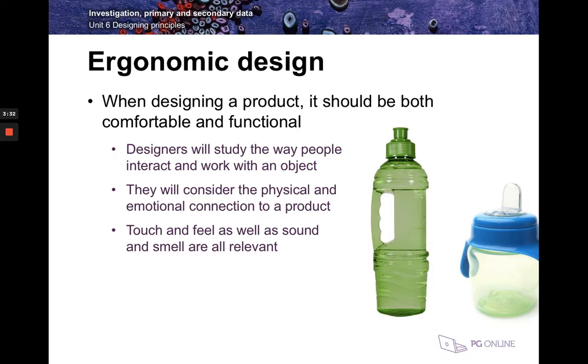Same thing with smell. If, for example, it was a product that needed to keep a smell in, or it had a liquid or a substance in it that did smell, we don't want to be smelling that all day, so we want it to be able to block that smell out. So it's all about the function of the product working, but working in a comfortable way for the user.